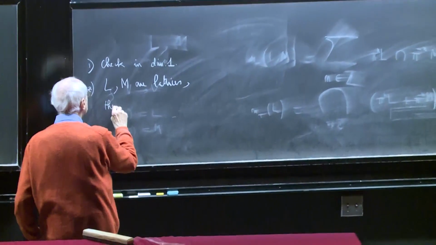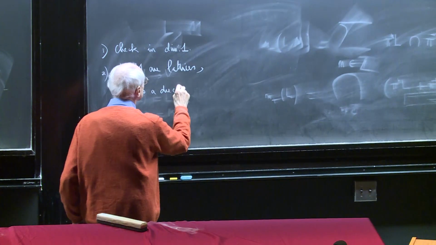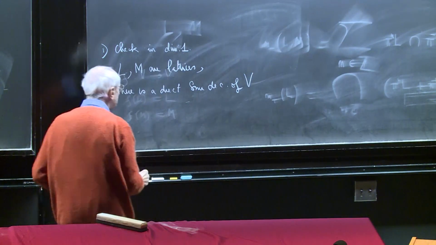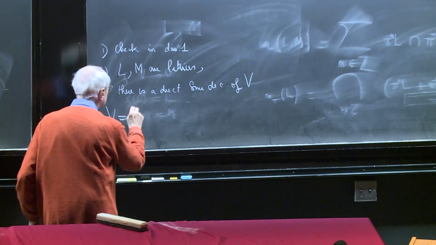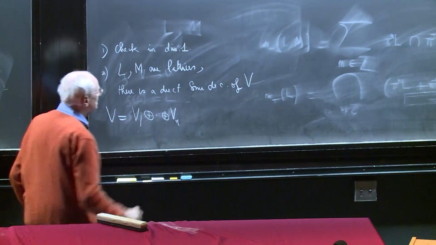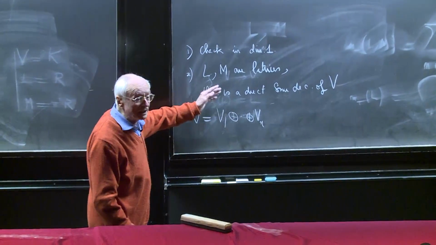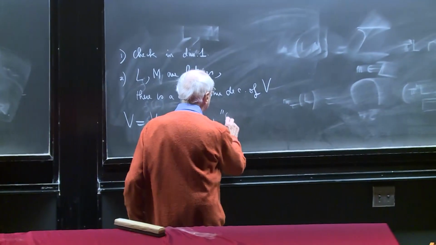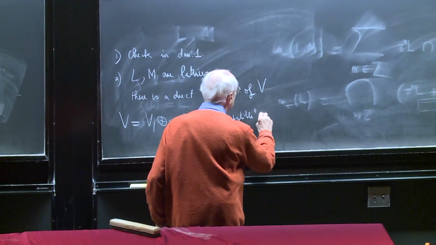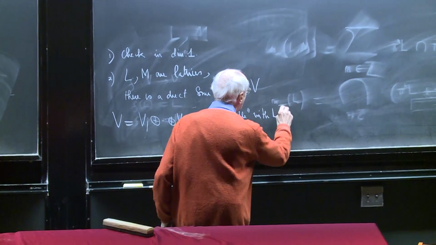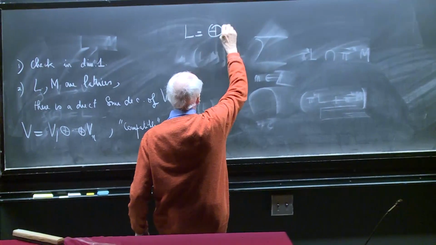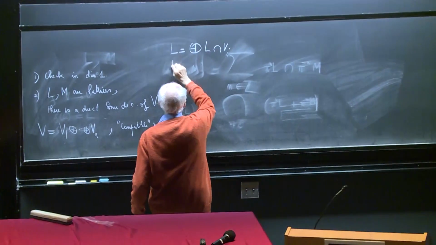Second, use the following fact: if L and M are lattices, there is a direct sum decomposition of V into pieces of dimension 1, where n is the dimension, which is compatible with L and with M, in the following sense: L is a direct sum of its intersections with the V_i, and M also.